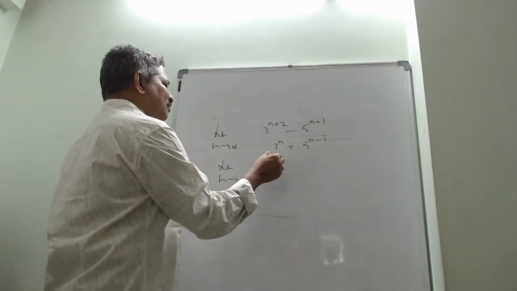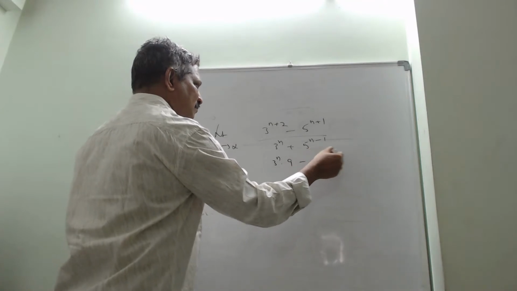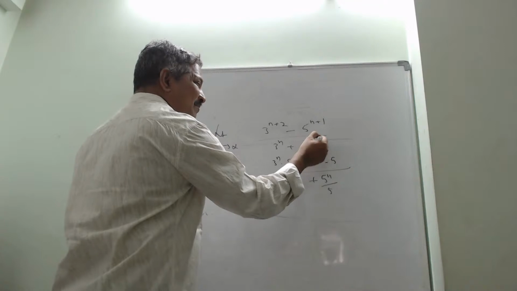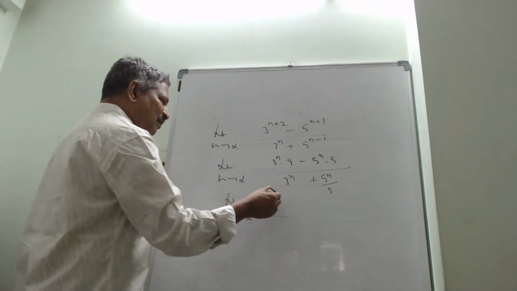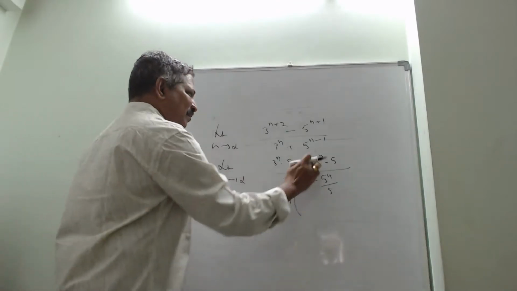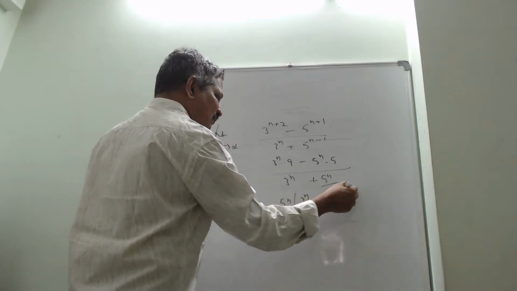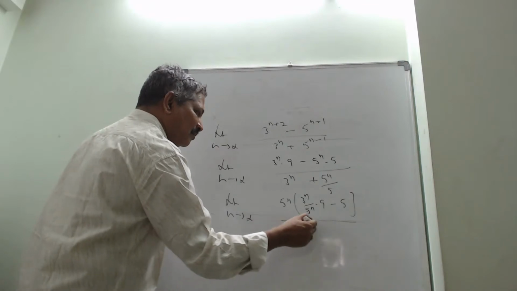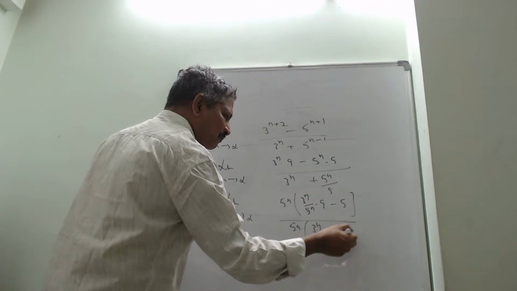3^n into 3 squared, 9, and 5^n into 5, in the numerator; 3^n plus 5^n by 5 in the denominator, power minus 1. So as n tends to infinity, 5^n is the bigger term, take it common: (3^n/5^n) into 9 minus 5 in the numerator, and in the denominator also 5^n common, (3^n/5^n) plus 1 by 5.